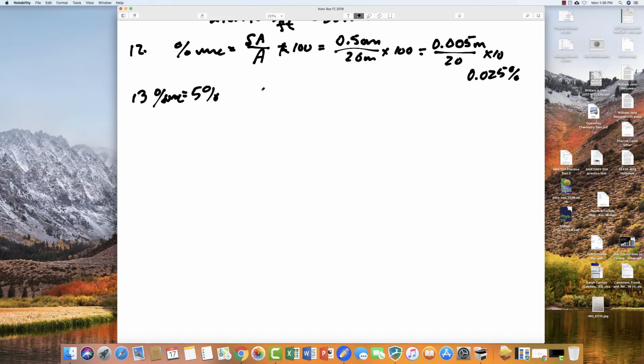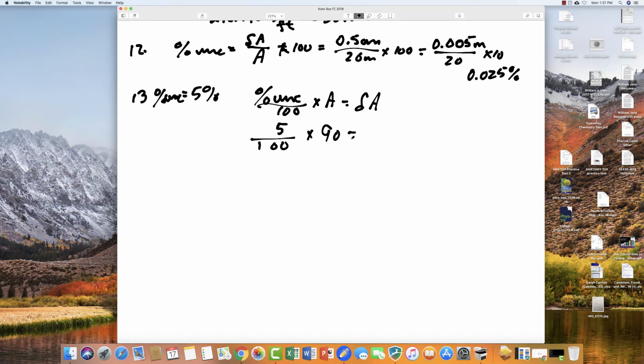So that would be equal to the percent uncertainty divided by 100 times A, which is the delta A. The percent uncertainty here is 5 divided by 100, and our A here is 90 kilometers per hour.